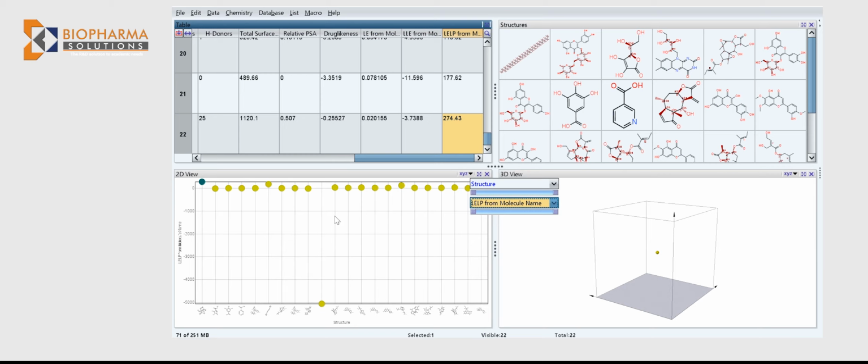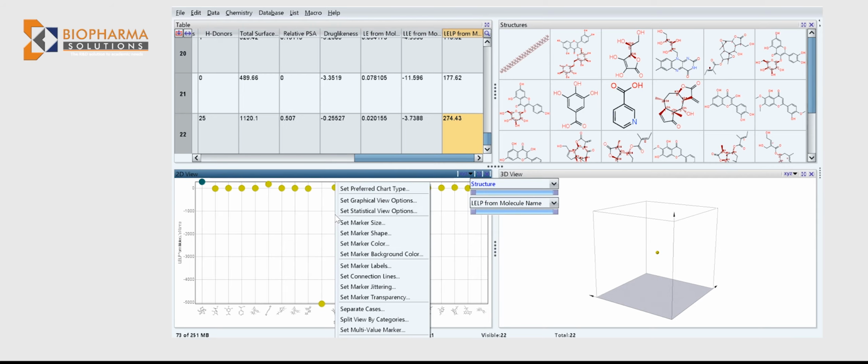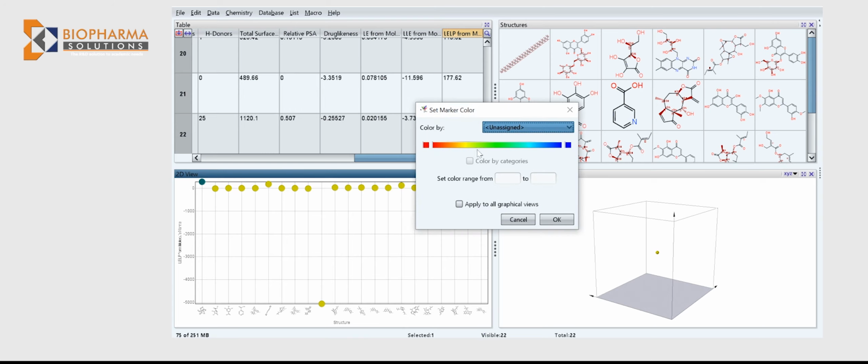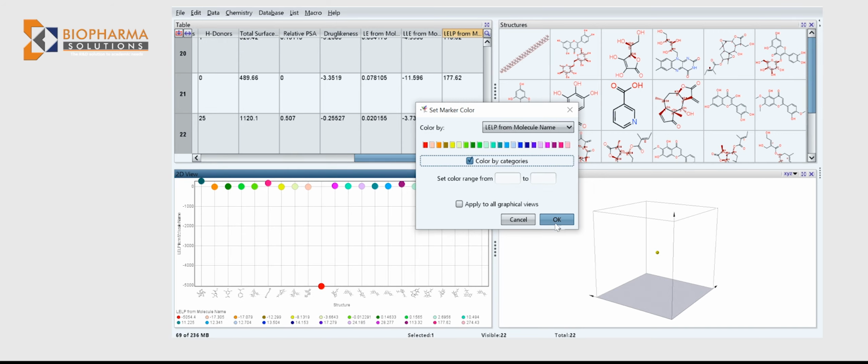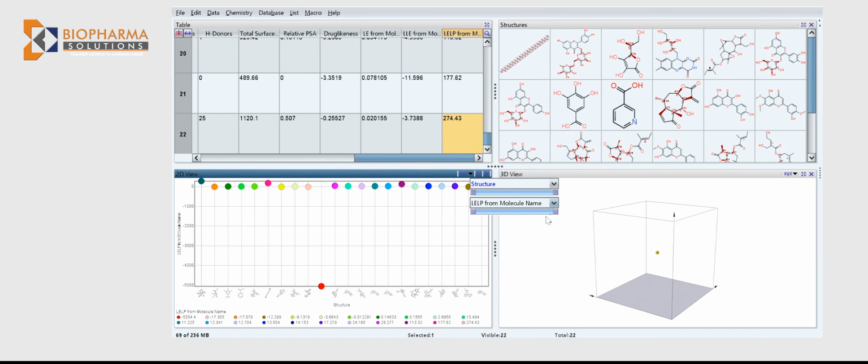Now what we do is we will give some colors. So set marker color. Then for LELP, let us take it as a standard marker, LELP, and color by category also. So we'll be able to see the different categories here.